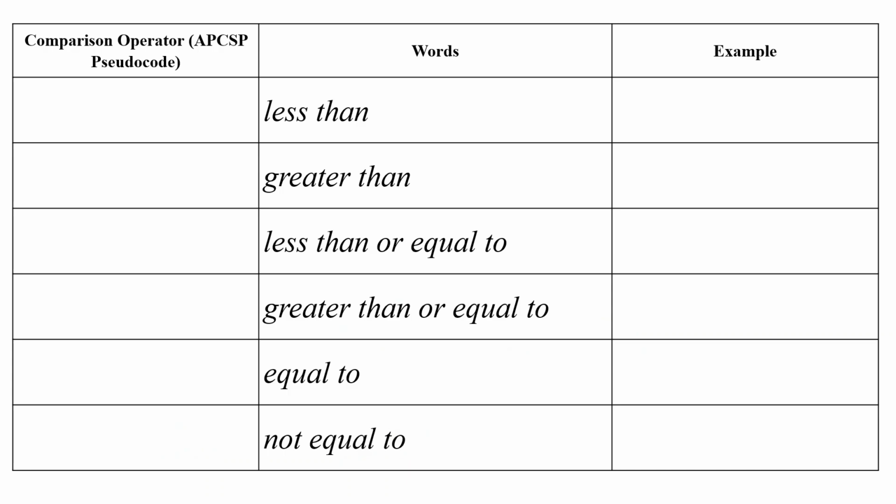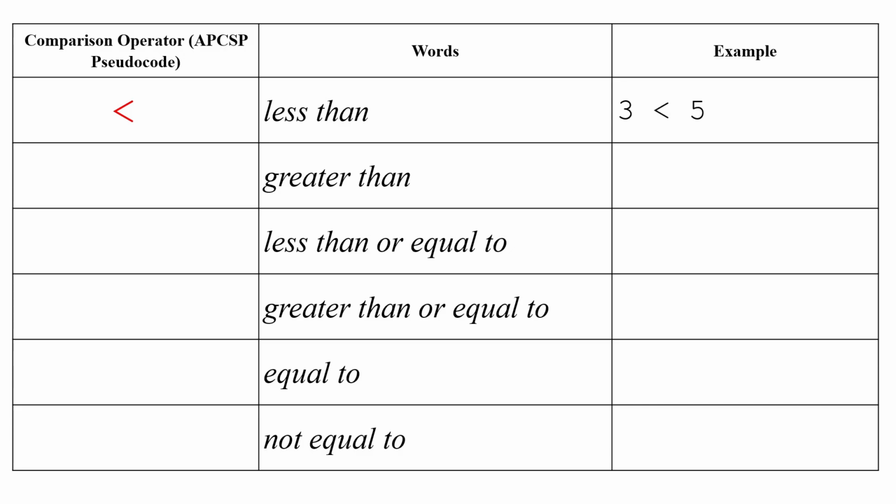Now, your comparison operators you have seen before in math class and in life in general. We use these comparison operators a lot. So the pseudocode is going to look just like we are used to seeing. The first one is the less than symbol. So for example, if we say 3 less than 5.